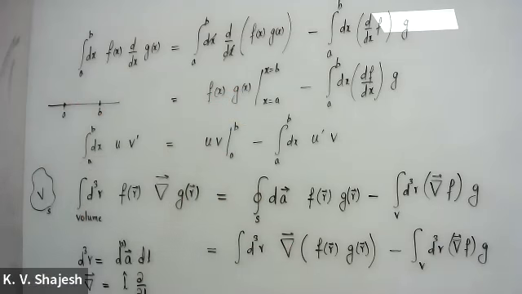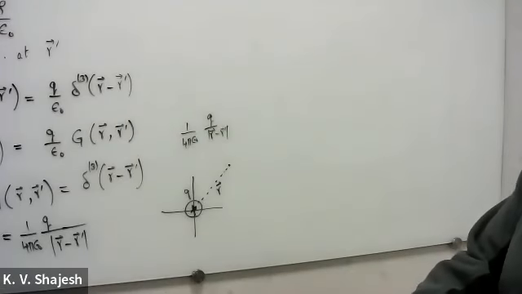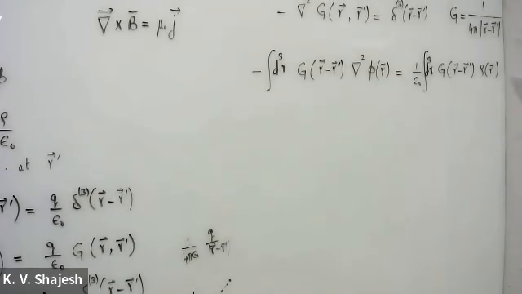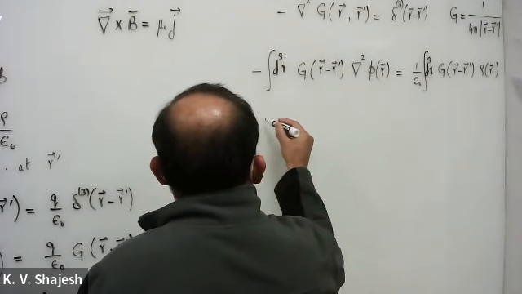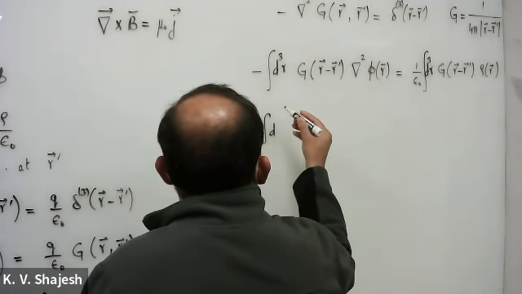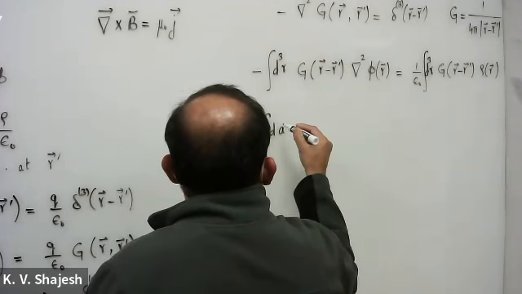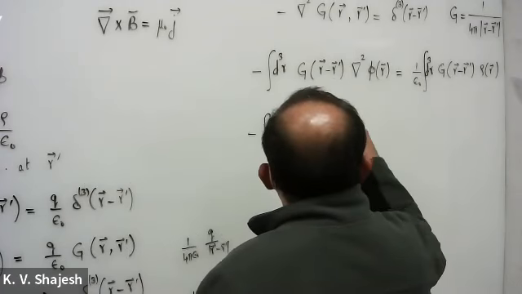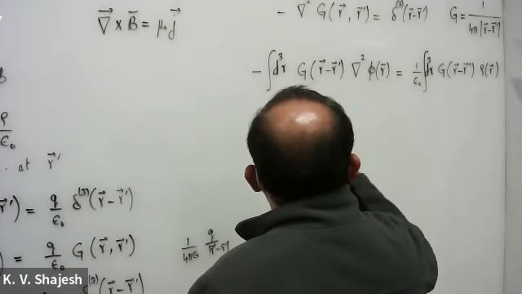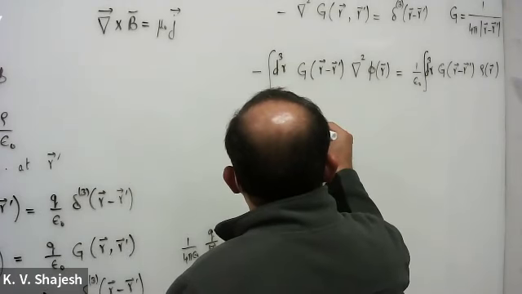So let's see. Integrate it. So this is minus d cube r, or let's say area, dA dotted with a boundary term. So this is dA dotted with gradient.